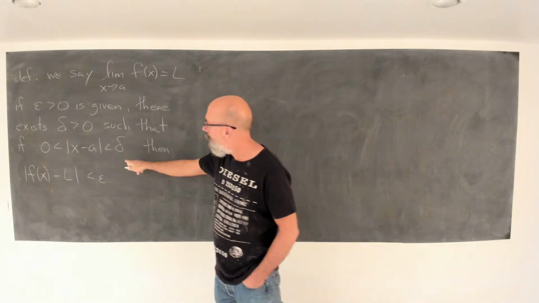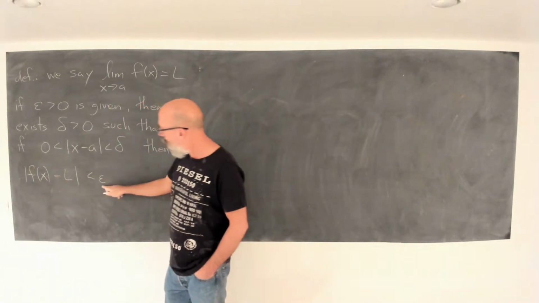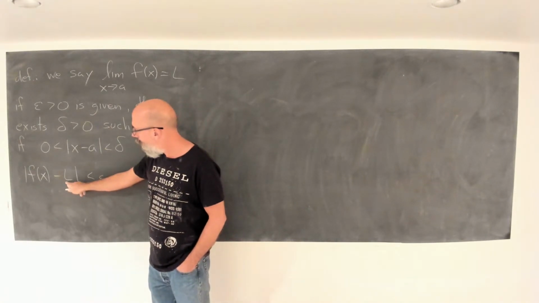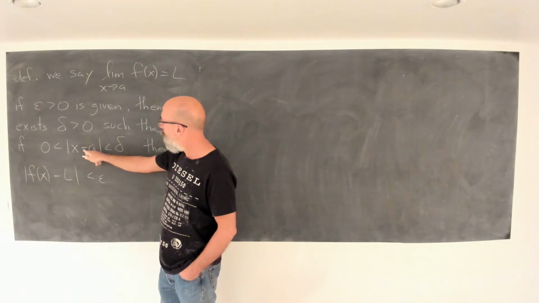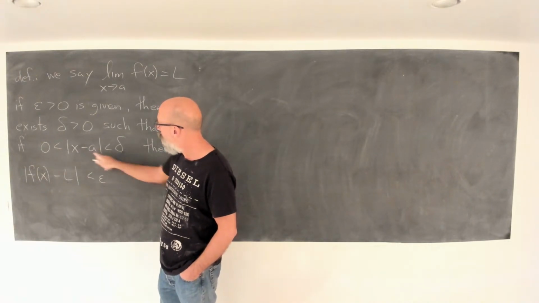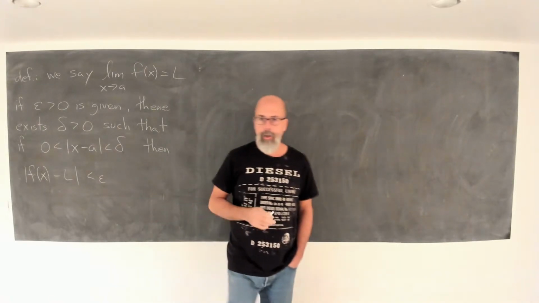Now compare with this. f can be made arbitrarily close to L by taking x sufficiently close to a. That's what's happening.